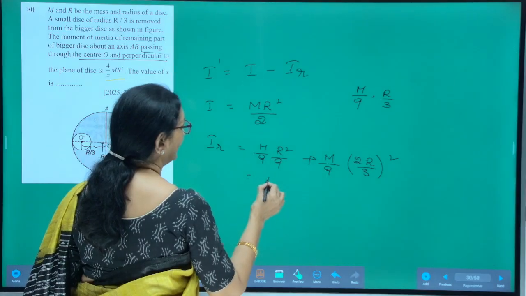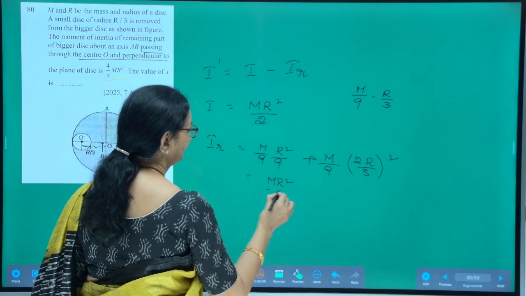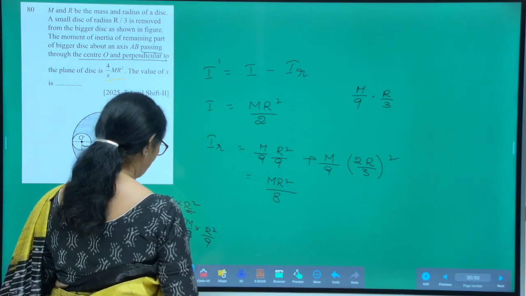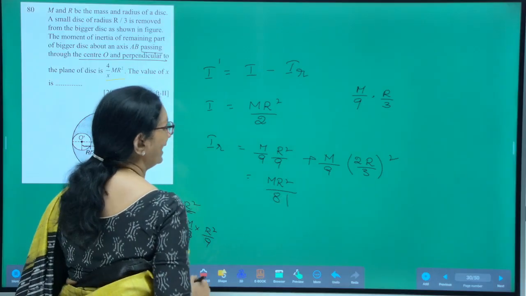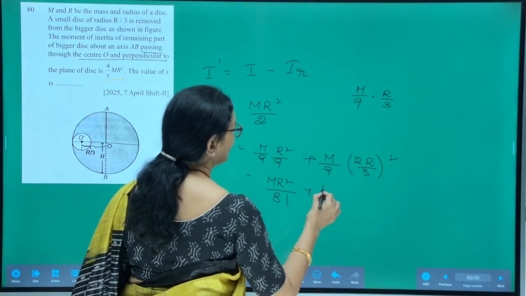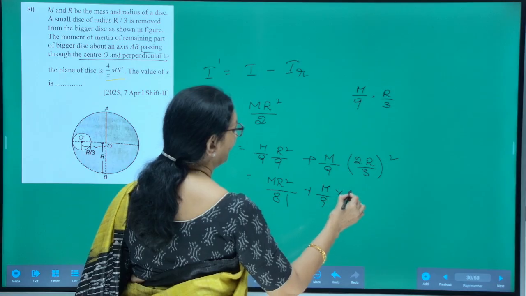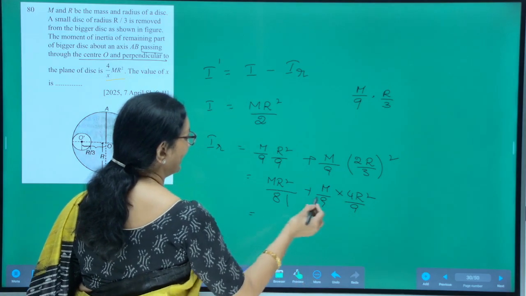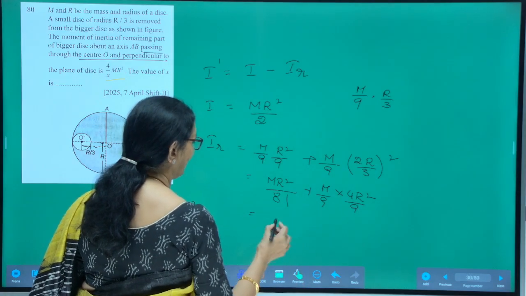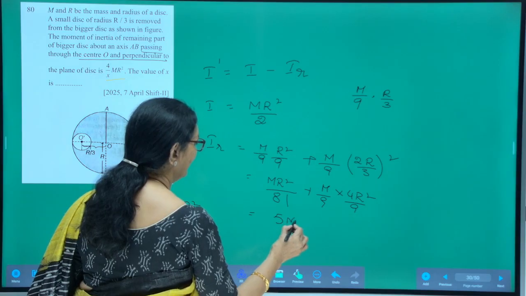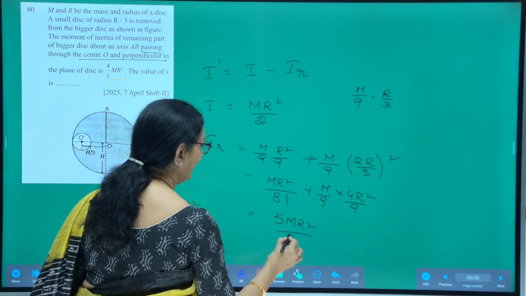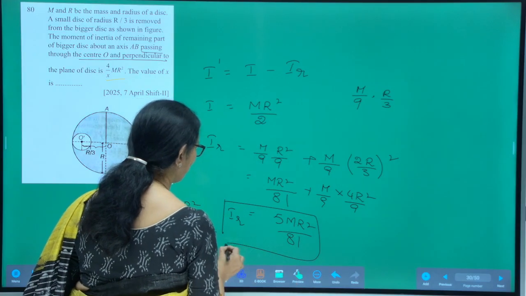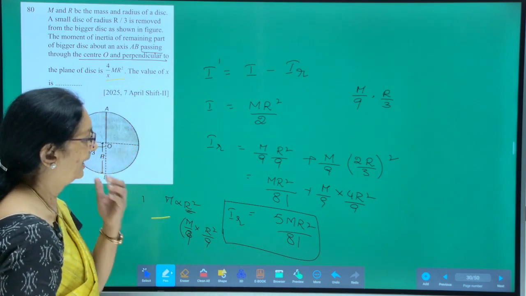So here mr square by 81 plus m by 9, 4r square by 9. So mr square plus 4mr square by 81, it is 5 mr square by 81, that is the moment of inertia of the removed part. Okay.